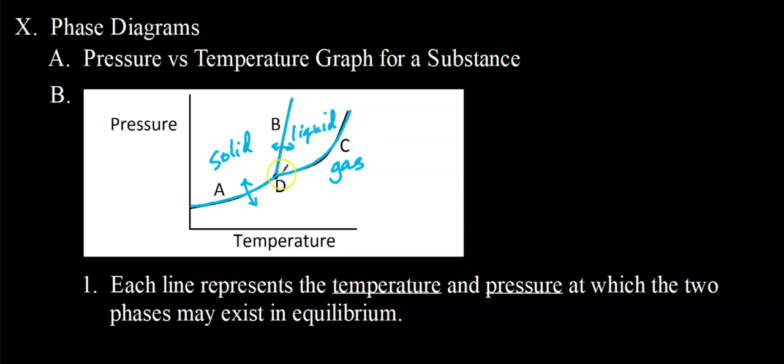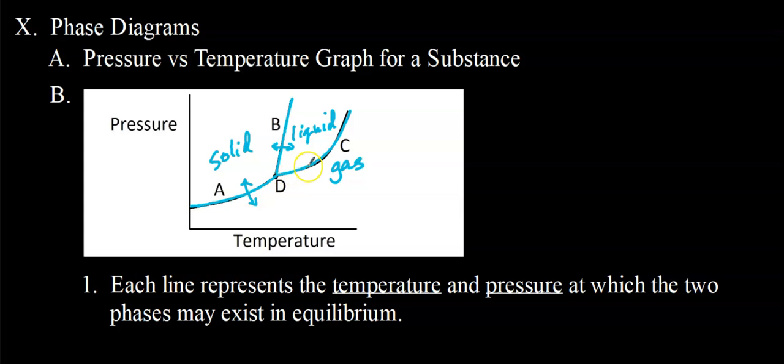So at all of these temperatures and pressures, the substance is simultaneously a liquid and a gas. So let's go back to a question I asked a couple lessons ago. At what temperature does water boil? Go ahead and answer that now. Well, boiling is when a liquid turns into a gas.